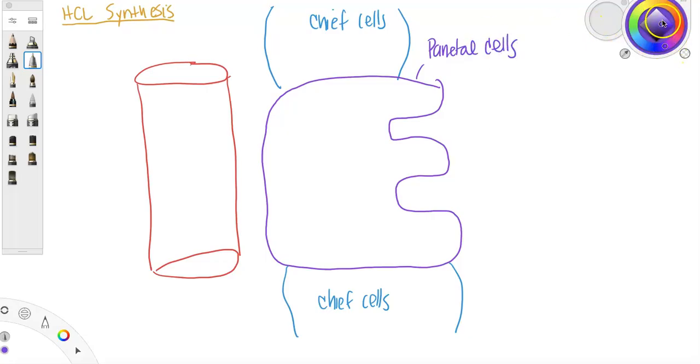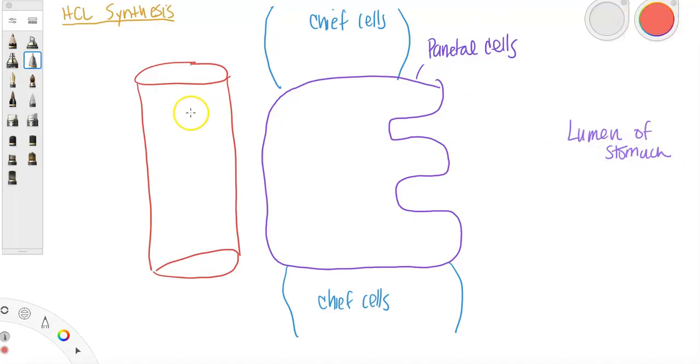All right, and in our little picture here, this out here is the lumen of the stomach. Okay, and here's our little blood vessel.